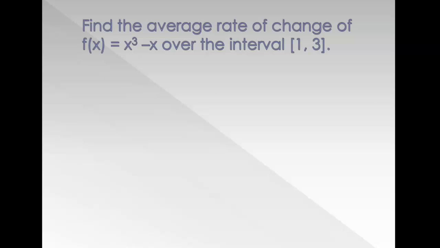So if I gave you a function and I gave you an interval and I said, find the average rate of change of that function over the interval 1, 3, that would be like me telling you to find the slope at the point 1 and 3. That's just a different way of asking you to find the slope of the curve at 1 and 3, mainly because it's not really slope, so to speak, because it's cubic.